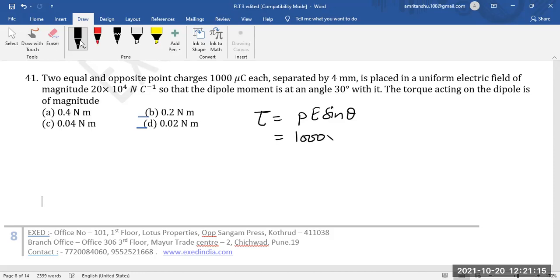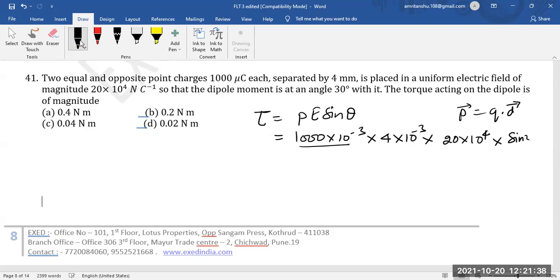P is 1000 into 10 raised to minus 3. P happens to be Q into D, and D is 4 millimeters. Electric field is 20 into 10 raised to 4. And sine 30 is half, so we can just write it as half.